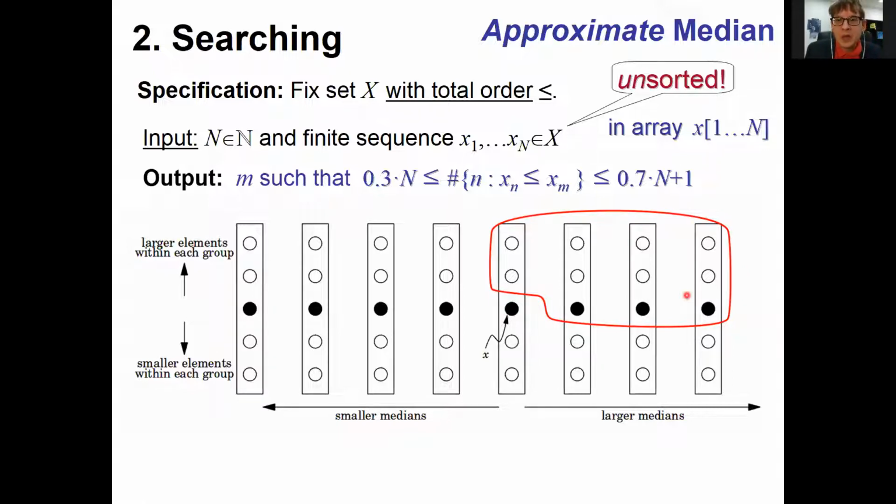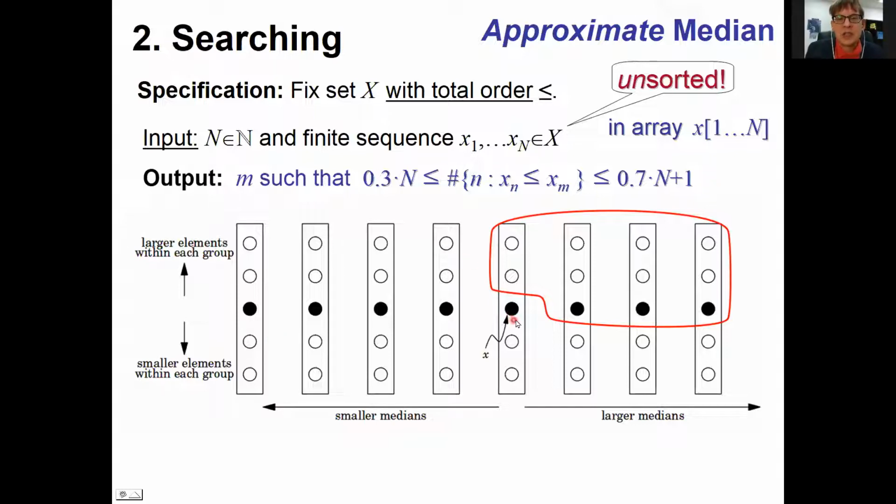But what we want to do here is to make an analysis of the properties of this median of 5 medians. And for the purpose of this analysis, let's suppose that the medians are already sorted. This is not what we're going to do algorithmically, but for the purpose of analysis, let us do that.